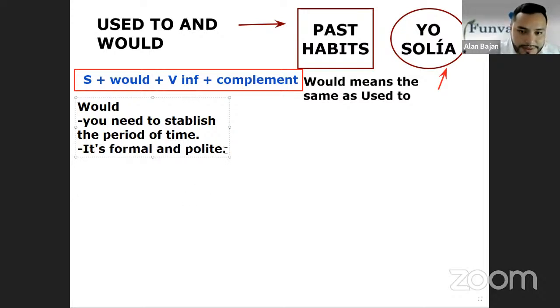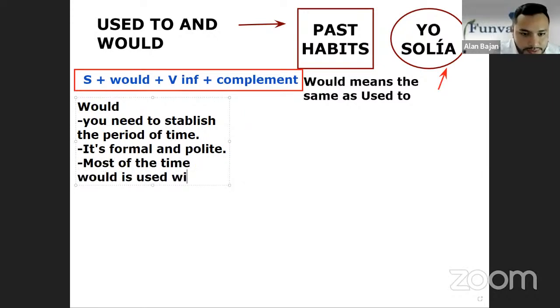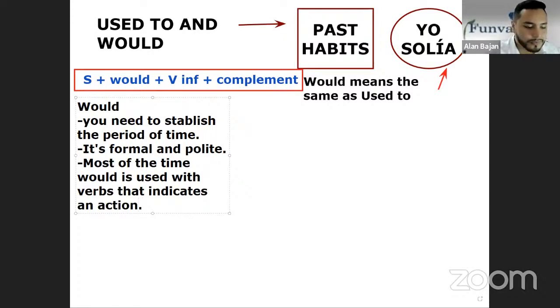And basically that. I would say that most of the time, would is used with verbs that indicate an action. For example, eat.